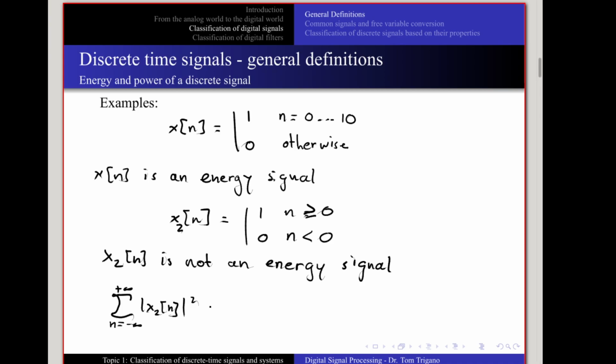Remark that the sum in fact starts from 0, and in that case from 0 to infinity, x2 is equal to 1, and the general term of the series does not converge to 0, so this series does not converge to a finite value.